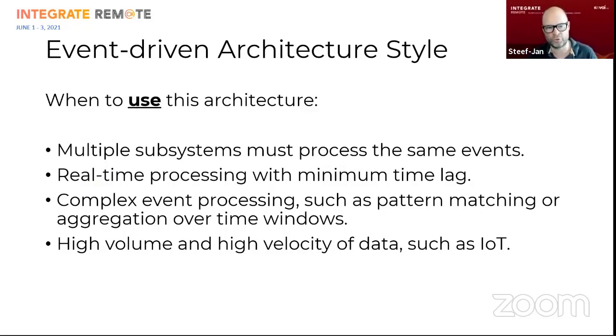And similarly, you can apply it with high volume and velocity of data in IoT type of scenarios. So if you look at your solution and want to think about what type of architectural style or solution pattern to use, then the event-driven architecture style, at least with those things in mind, can be applicable.